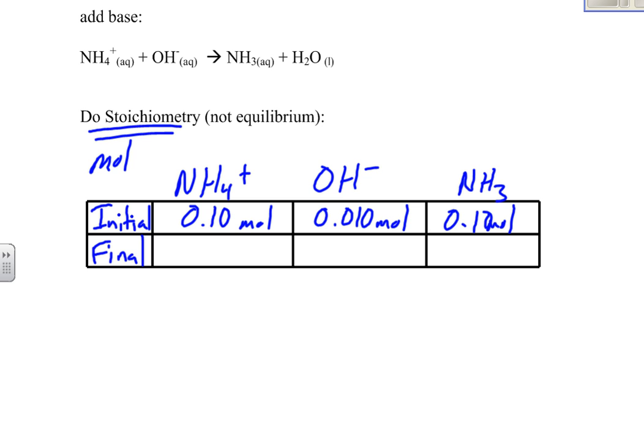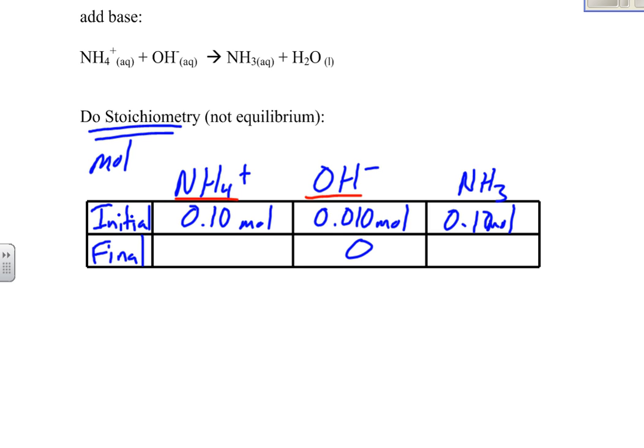And what we're going to do is kind of artificial. I mean, obviously this thing gets in equilibrium and all this stuff kind of balances out, but we're going to kind of pretend that we're going to force everything over to one side. So I'm going to actually neutralize all of that base with the acid. So here's our base. I'm going to neutralize all of it.